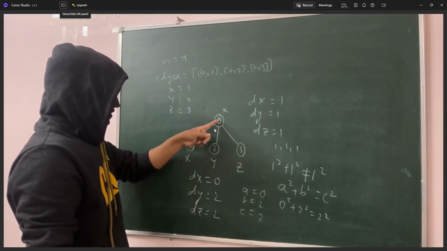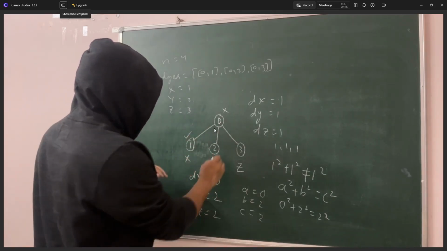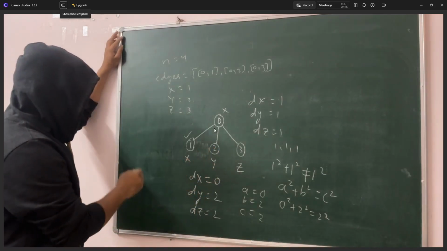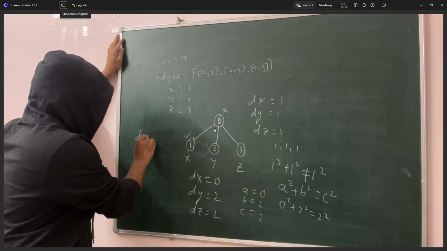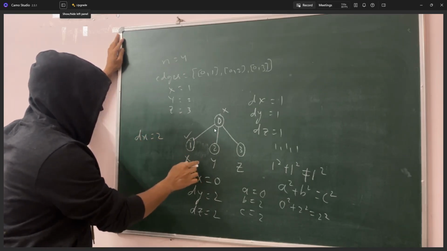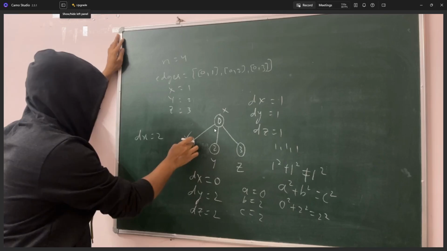Now we have considered this node, we have considered this node. Now let's try to consider this. If you consider this, your dx is going to be 2, because from this node your distance to x is 1, 2.